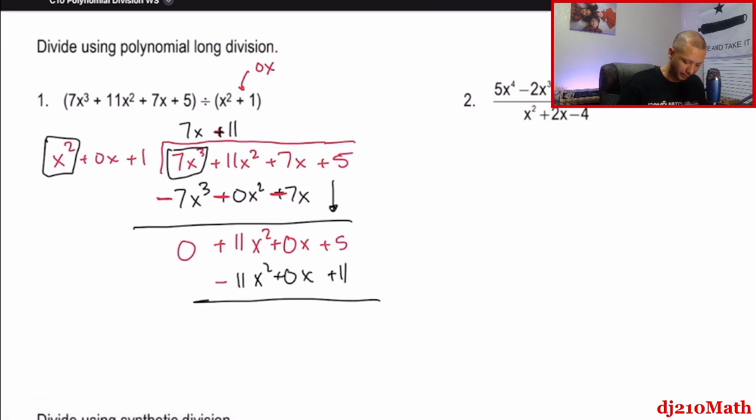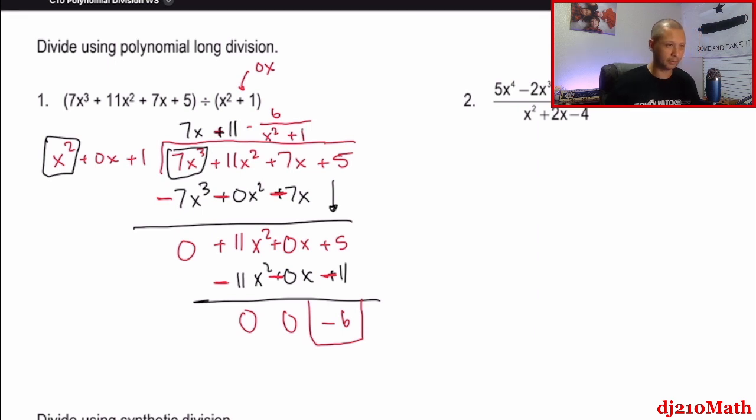Flipping the signs, we're going to get minus, minus, minus. So in conclusion, we're going to get 0, 0, negative 6. So our remainder is negative 6. So 7x plus 11 minus 6 over x squared plus 1. We don't need the 0 there.